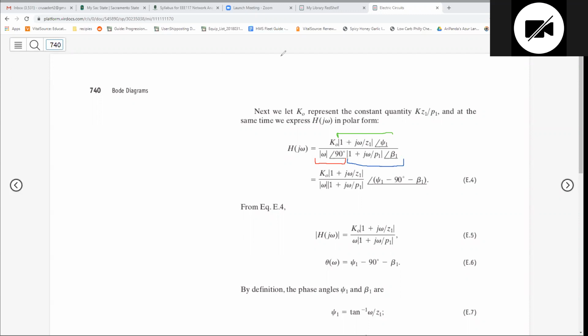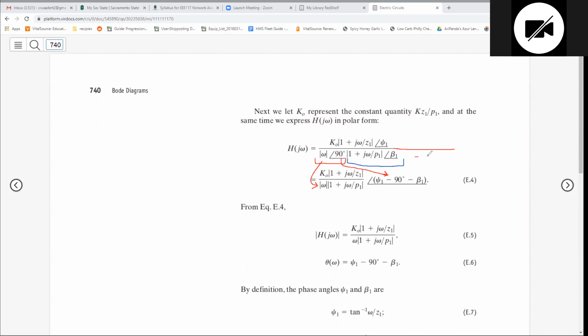Okay. Now, with that, notice that this top one, the magnitude goes right here. Phase angle comes out right there. Okay, so that's accounted for. Everything else in the denominator, the ω magnitude goes right here, and the 90 degrees goes right here. But notice, negative. The reason it's negative is because it's underneath the division sign.